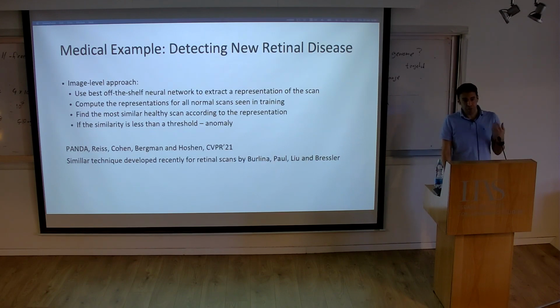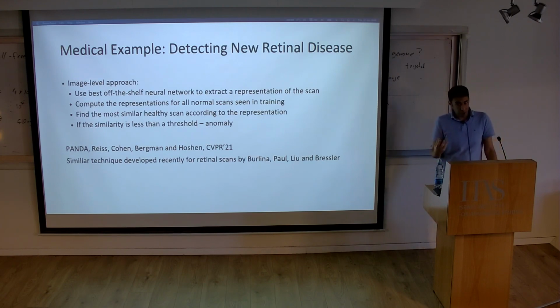The previous approach that we mentioned would take the entire image, pass it through this feature extractor, get an image level representation, and then compare the image level representation to all the previous normal images that we have seen in training. Now, in practice, in order to detect medical diseases, we found that the pixel level representation was much better at detecting retinal disease.